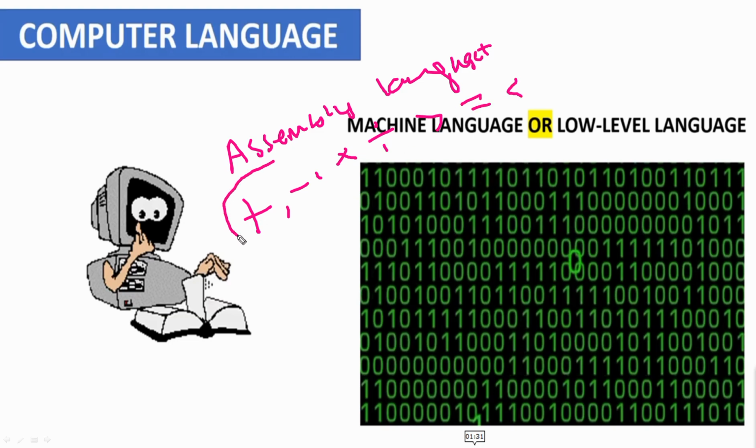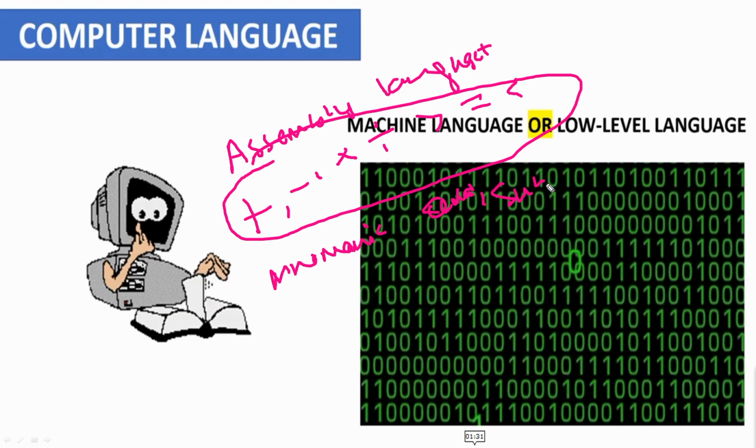Mnemonic codes are, for addition, add, for subtraction, sub, for multiplication, mul, for division, div, for minimum, min, for maximum, max. These are the mnemonic codes.